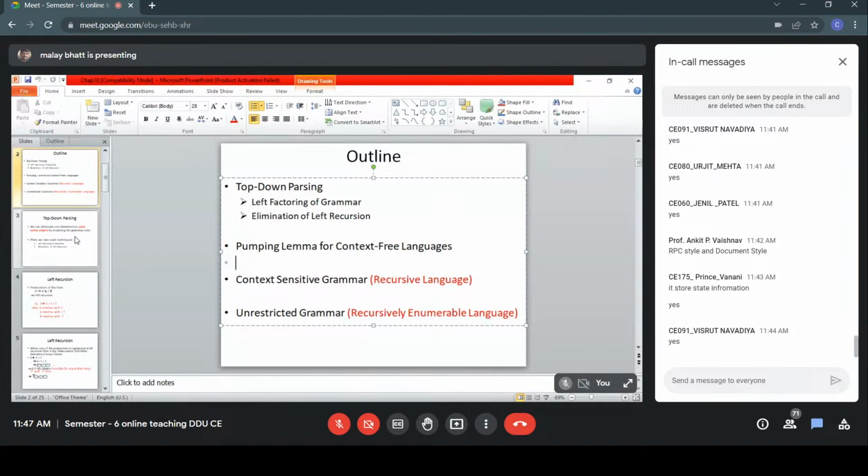Up to some level, we can remove the non-determinism from the grammar by left factoring it. Another important term was elimination of left recursion. So today we'll see what left recursion is, how to eliminate it from the grammar, and also discuss the pumping lemma for context-free languages.